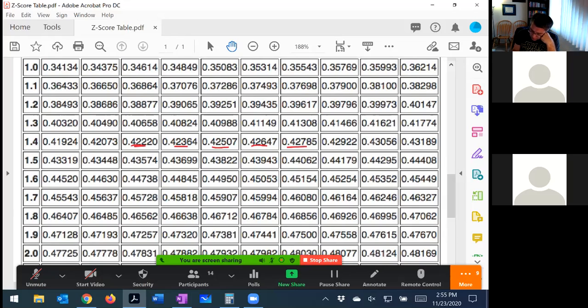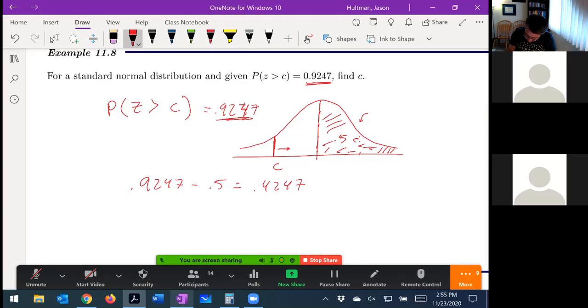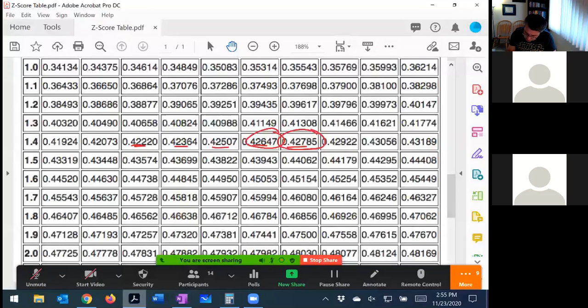It's somewhere between this one and this one, and I have to just choose whichever one's closest. Oh, sorry, this is 0.4247. I'm way off. 0.42.